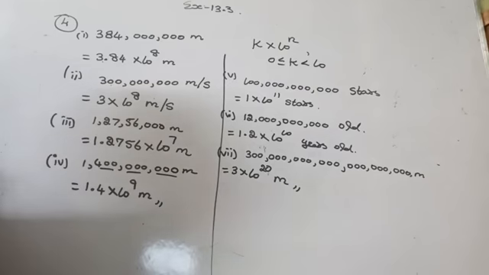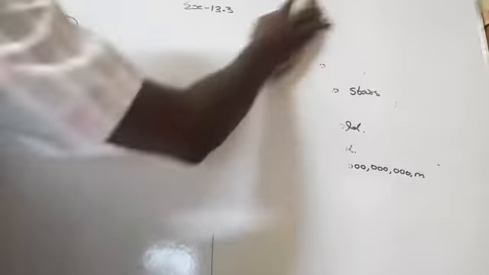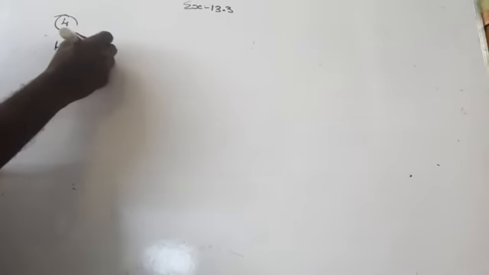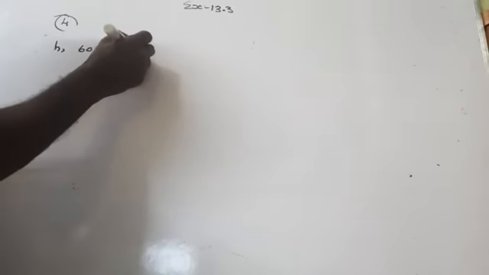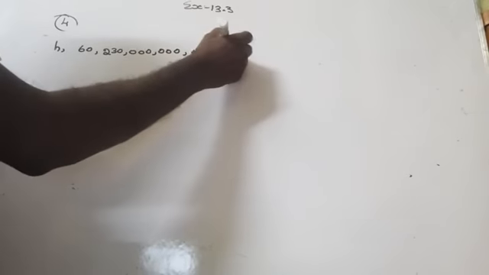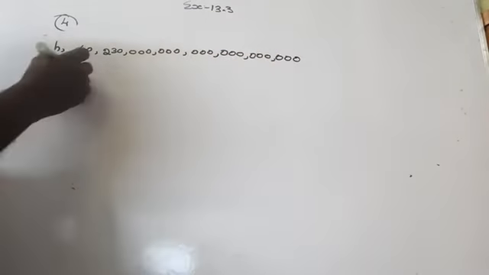Then next one. The molecules contained in a drop of water weighing 1.8 gram is given. That means how much is given? 6023 followed by digits, 1 2 3 4 5 6. So how can you express this one?